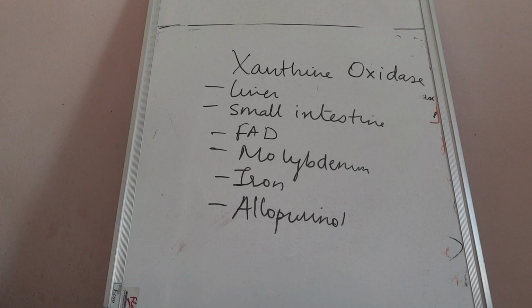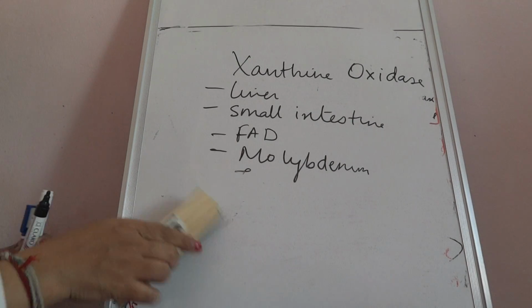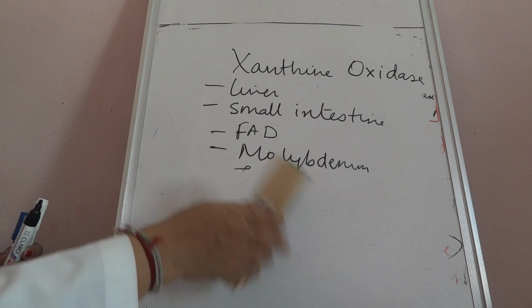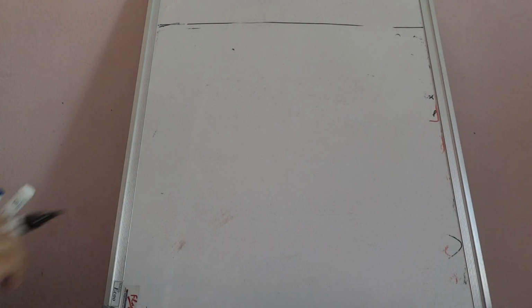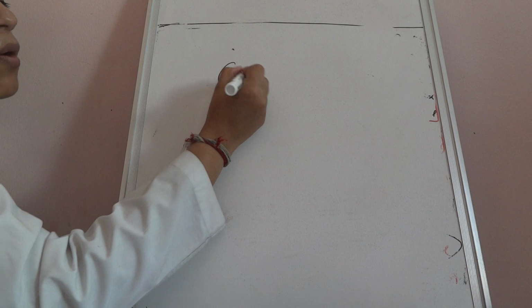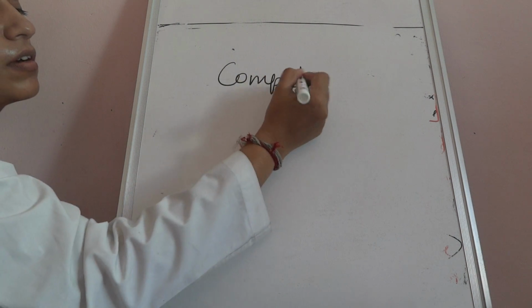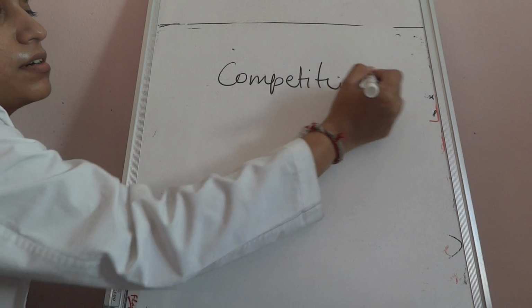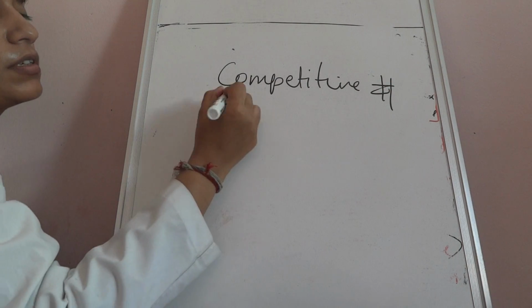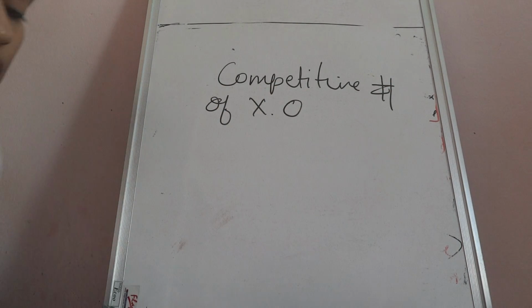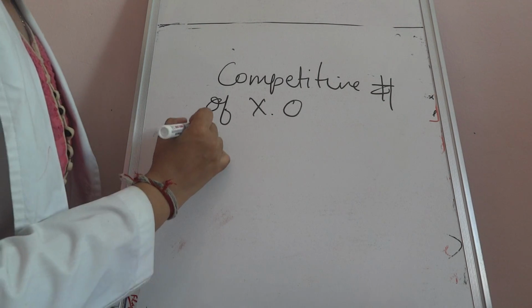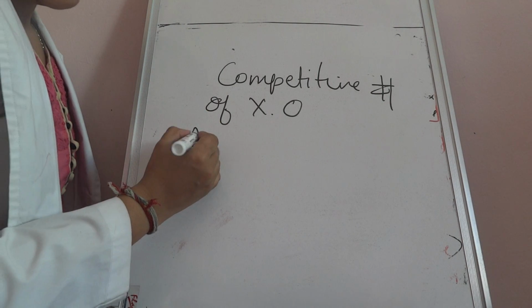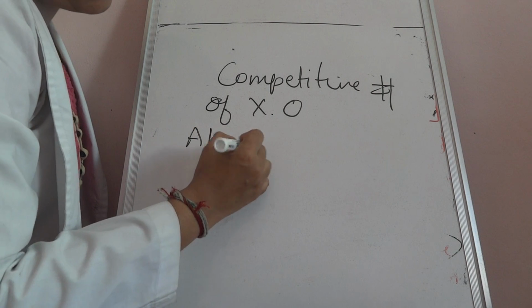Okay, so allopurinol, how does it inhibit xanthine oxidase? Allopurinol is a competitive inhibitor of xanthine oxidase.